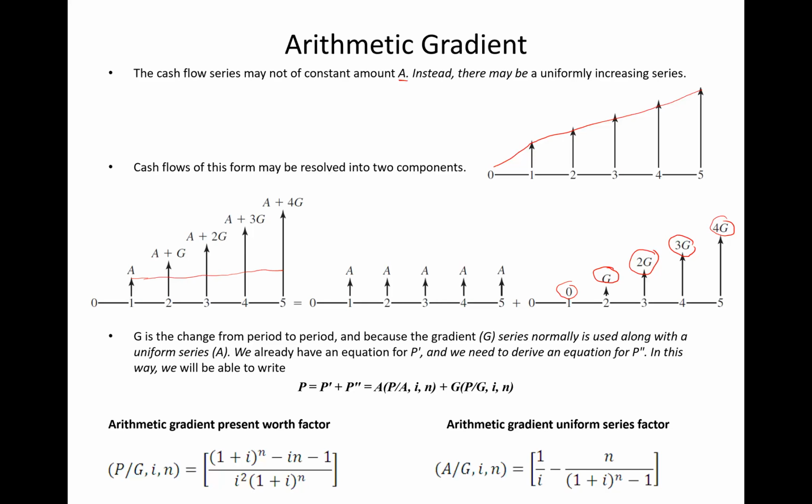So G is the change from period to period, and because the gradient G series is normally used along with the uniform series A, we already have an equation for P apostrophe, and we need to derive an equation for P double apostrophe. In this way we will be able to write P, which is the present value for the whole cash flow.